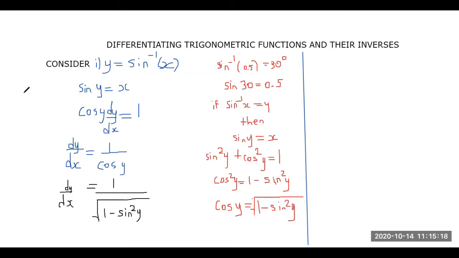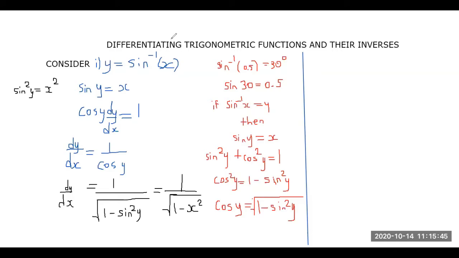If I square both sides, sine squared y is equal to x squared. And so dy by dx is equal to 1 over the square root of 1 minus x squared. And that's how we differentiate sine inverse.